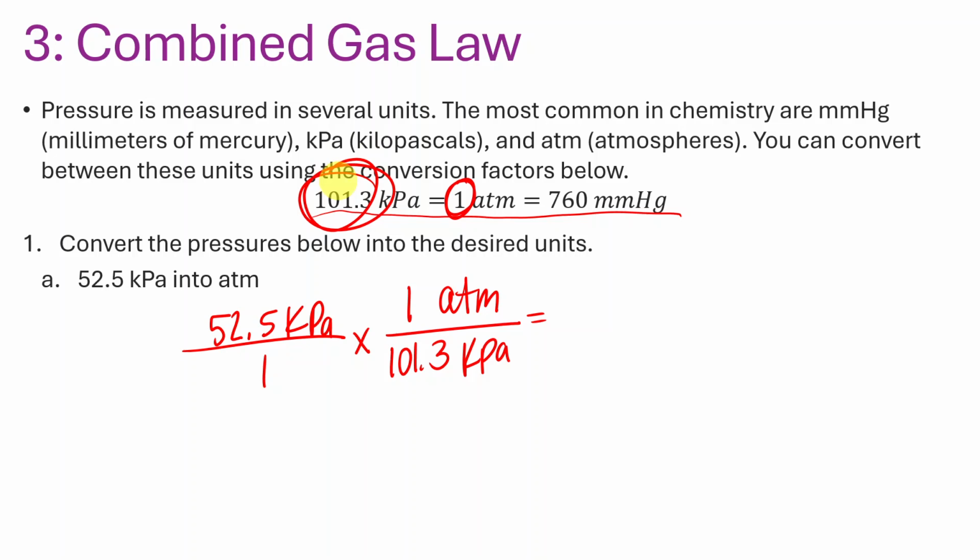So if I do this math here, I'm going to need to do 52.5 divided by 101.3, and that's going to give me an answer of about 0.518 ATM. Now this answer makes a lot of sense because 52 is roughly half of 101, so we expect our answer to be something around half of an atmosphere.